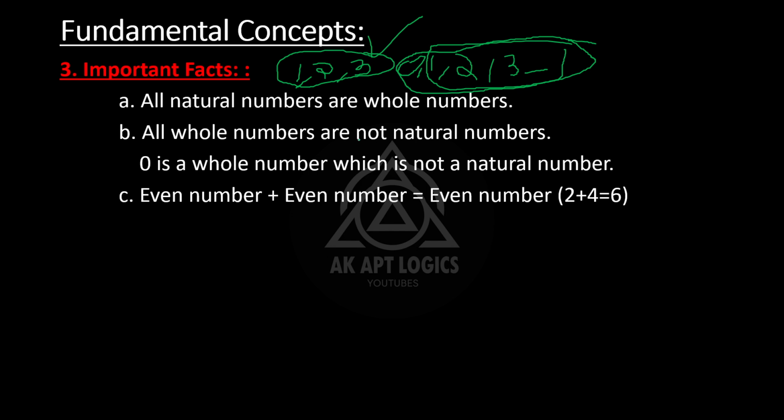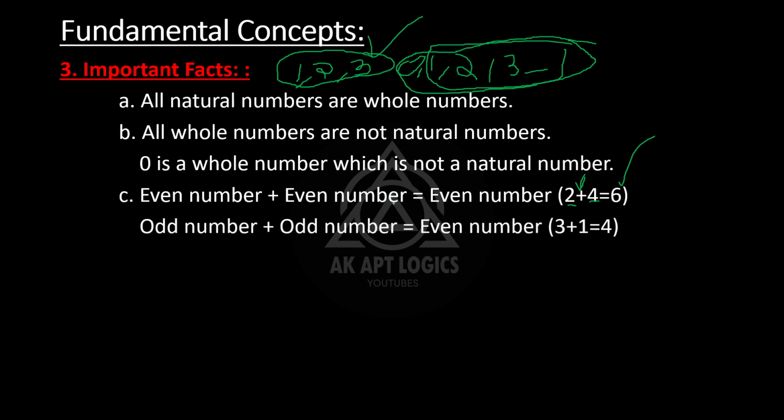Okay. Even plus even number equals even number. As in the example, 2 is an even number, 4 is an even number. When we perform addition between 2 and 4, we get the result 6, which is also an even number. Similarly, odd number plus odd number equals even number.